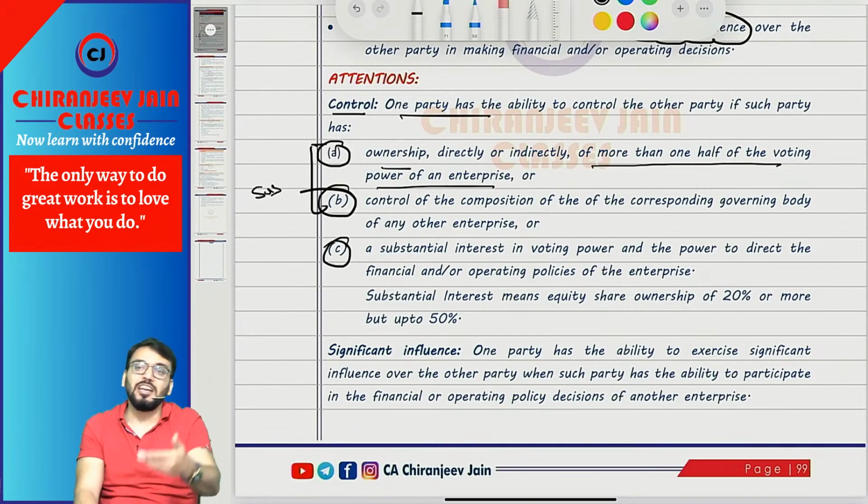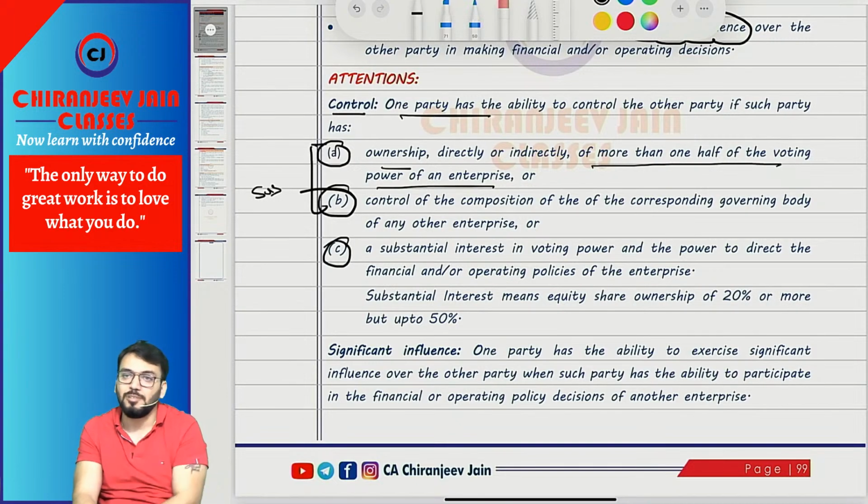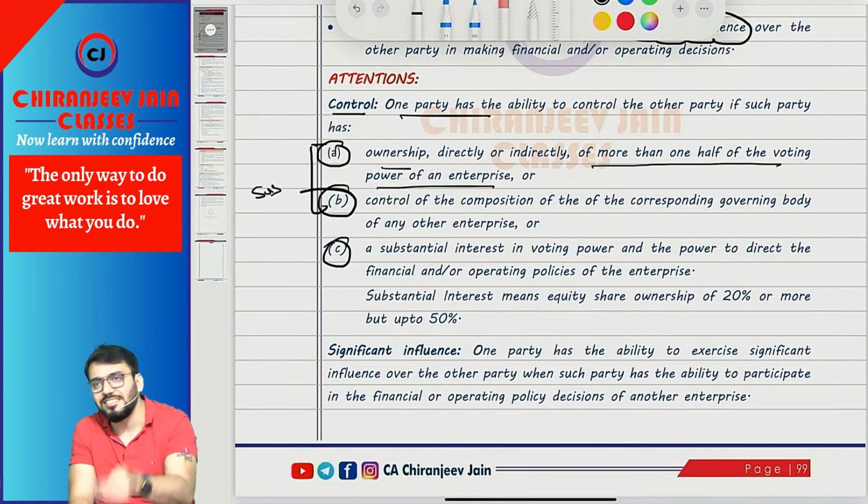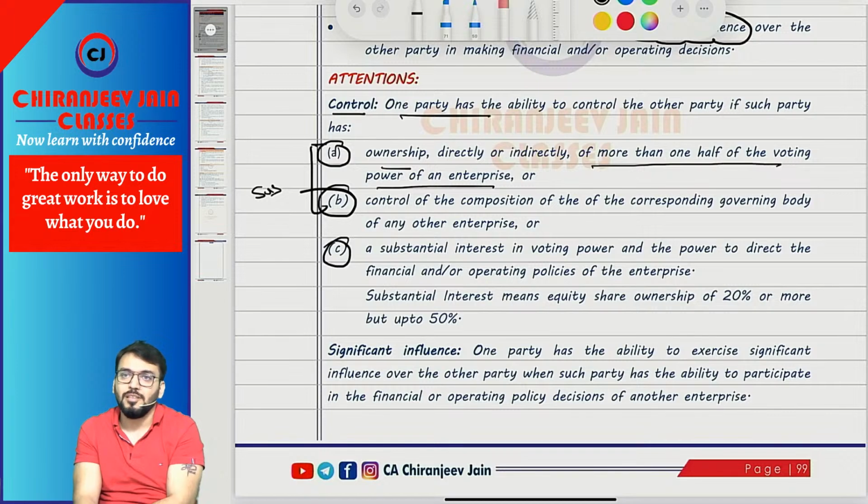When I say significant influence, it is also more than 20% but less than 50%, but in that case they have only the power to participate. But here they have the power to direct. Sometimes what happens is, even though you are holding less than 50%, you may still have some decision making power. If you have decision making power, it means you have the control.